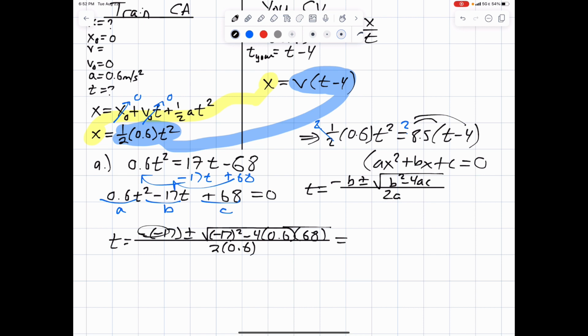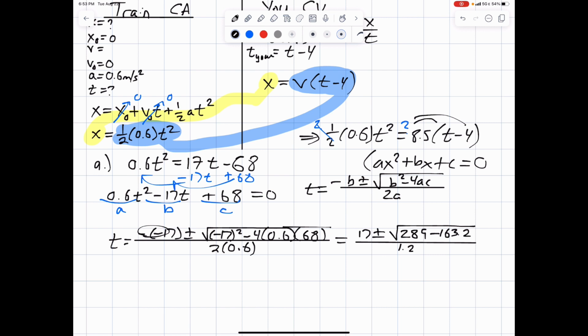Okay, the negatives cancel, we get 17 plus or minus. So I'm going to go 17 squared. Under the radical, I got 289, minus 4 times 0.6 times 68, and that would be 163.2, over 2 times 0.6, which is 1.2.